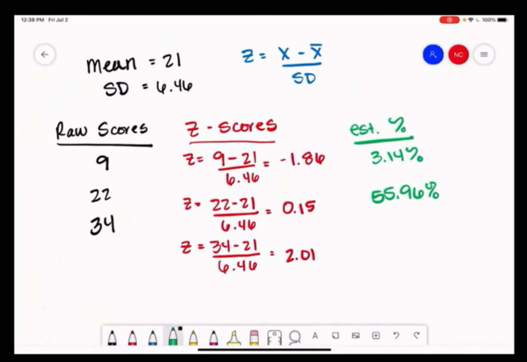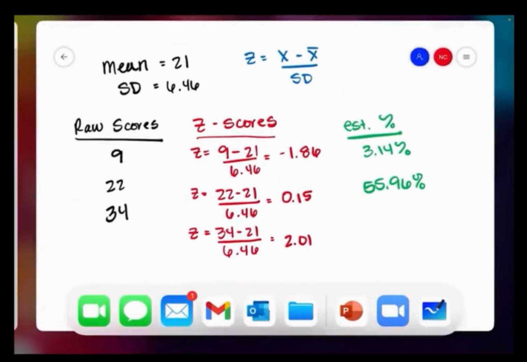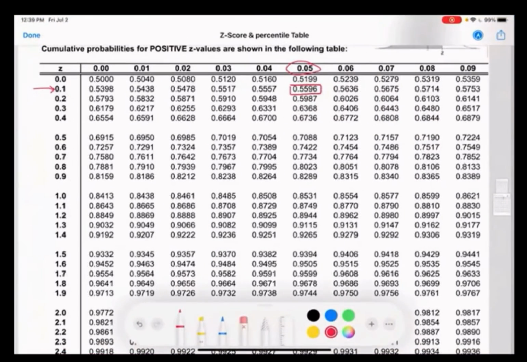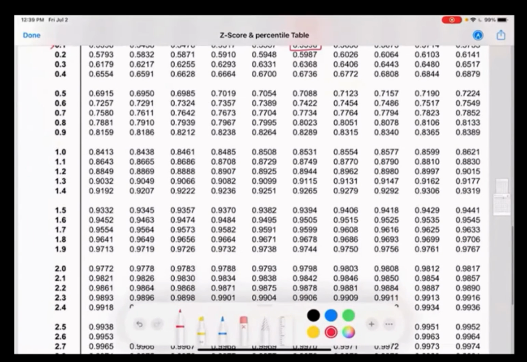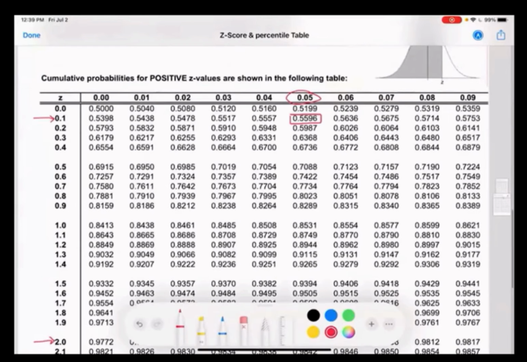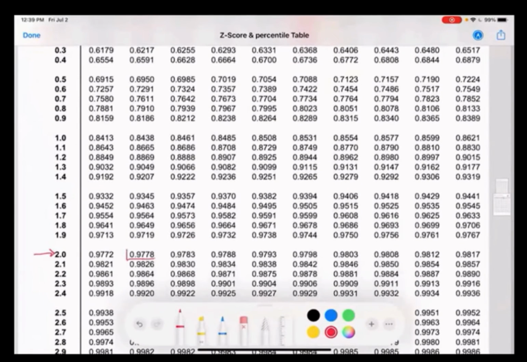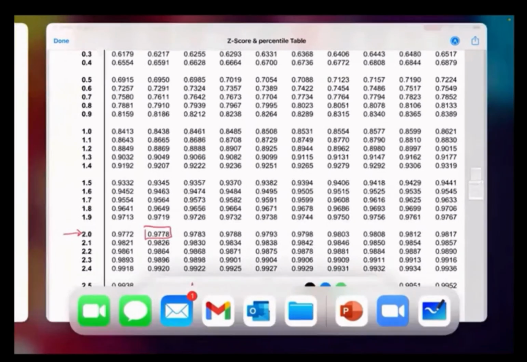Our last example was for a raw score of 34, and we calculated a z-score of 2.01. So again, we're going to be on our positive table, 2.0, and 0.1 is up here, or 0.01. And that gives us a value of 0.9778 or 97.78%.